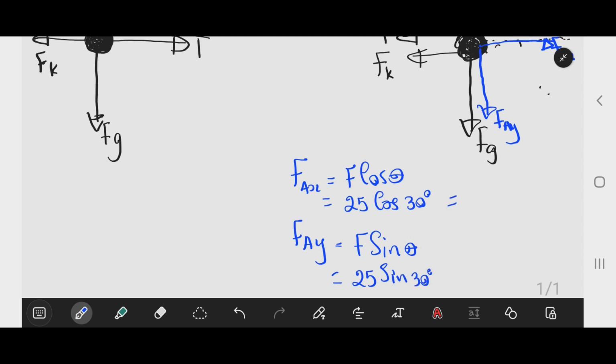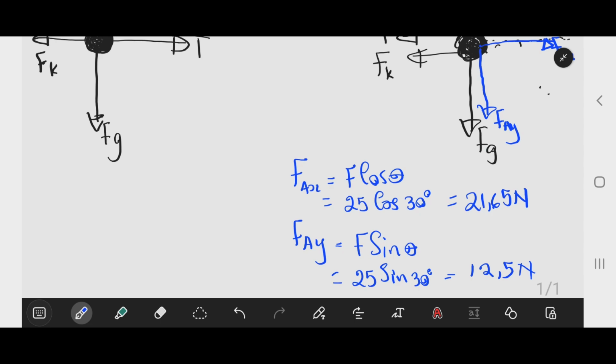So 25 cos 30, I am getting 21.65 newtons. And 25 sine 30, which is Fay, I'm getting 12.5 newtons, okay?